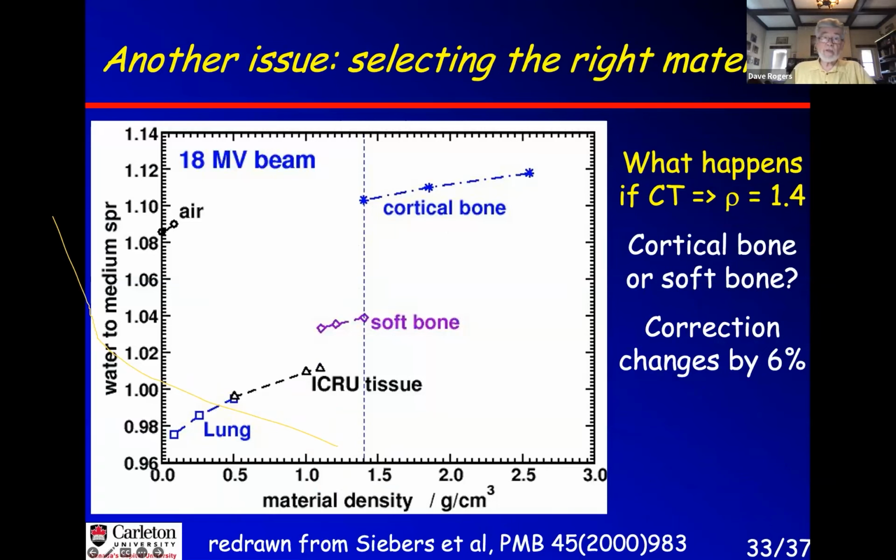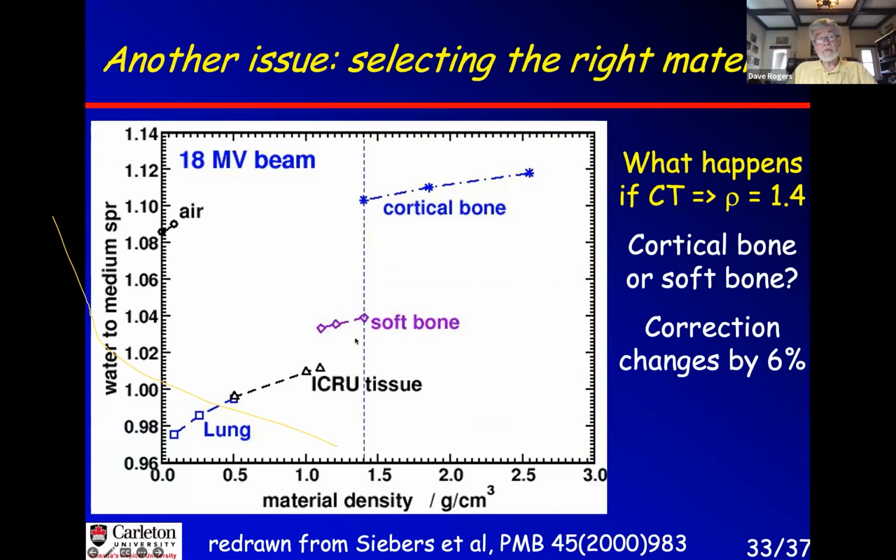Then your treatment planning system has to assign them. If you're going to calculate the dose to the medium, you have to determine which medium you want it to be. And the problem is that soft bone could be down here with this particular stopping power ratio, or if it was cortical bone, which is just another kind of denser bone, the overall density is the same.